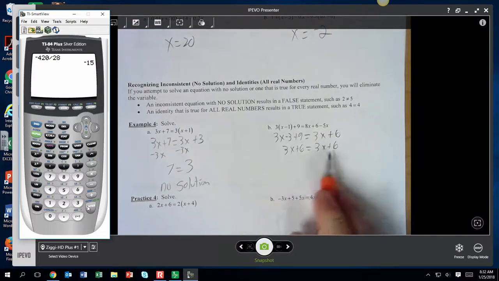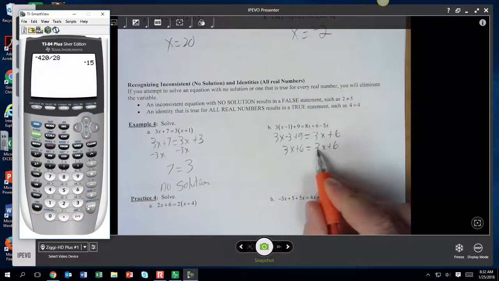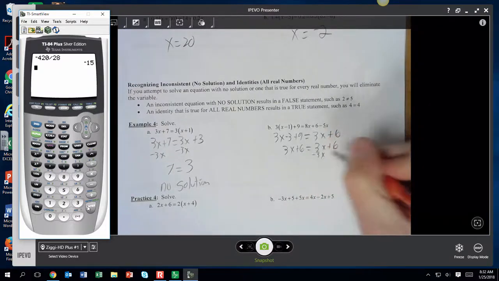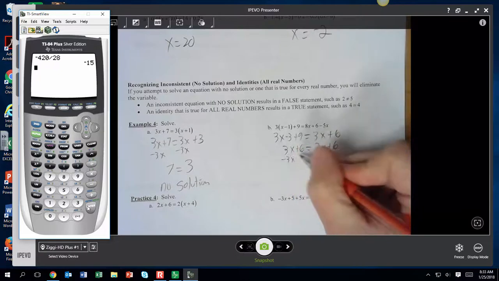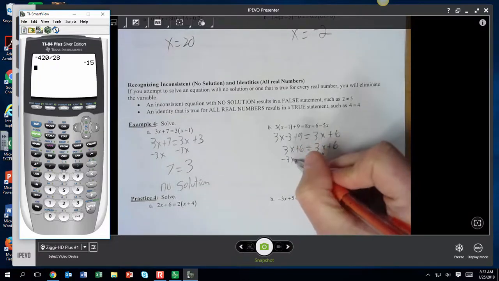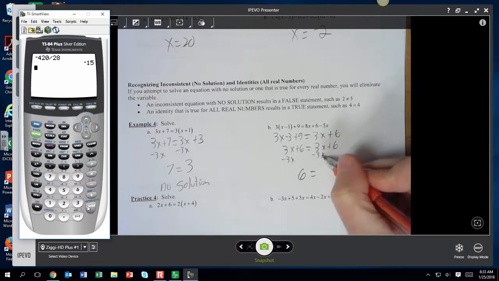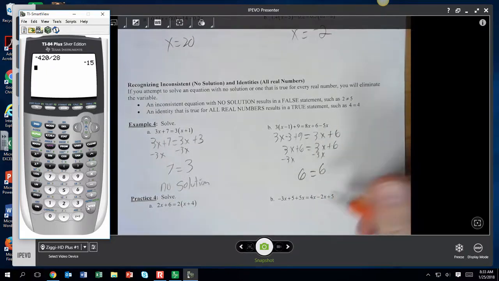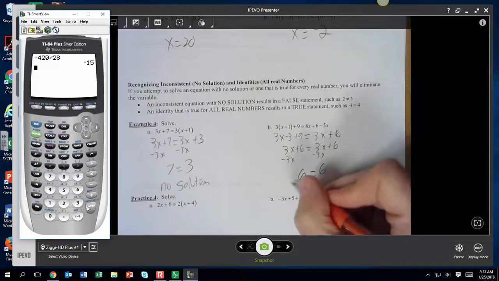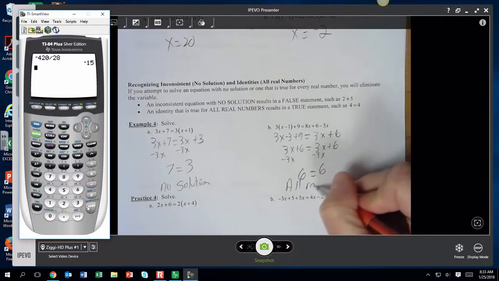Well, that's pretty much obviously true, but let's get rid of the 3x on this side by subtracting 3x from the right and 3x from the left. 3x minus 3x is 0 plus 6 is 6 equals 3x minus 3x is 0 plus 6 is 6. So in this case, the answer is all real numbers.